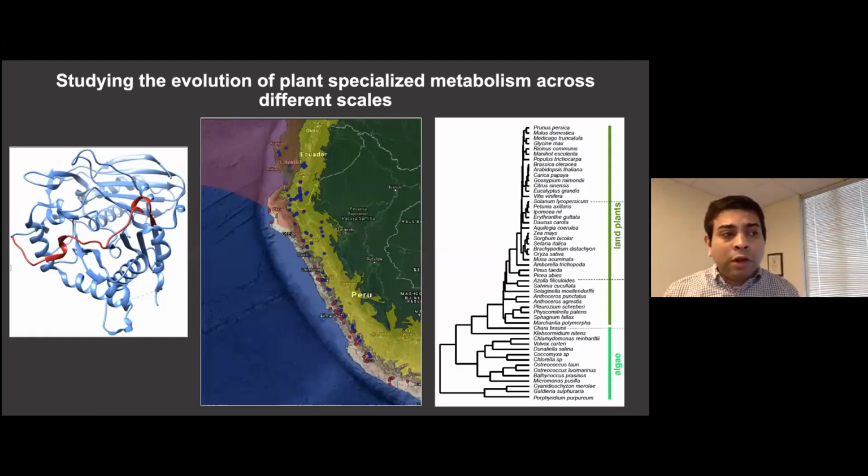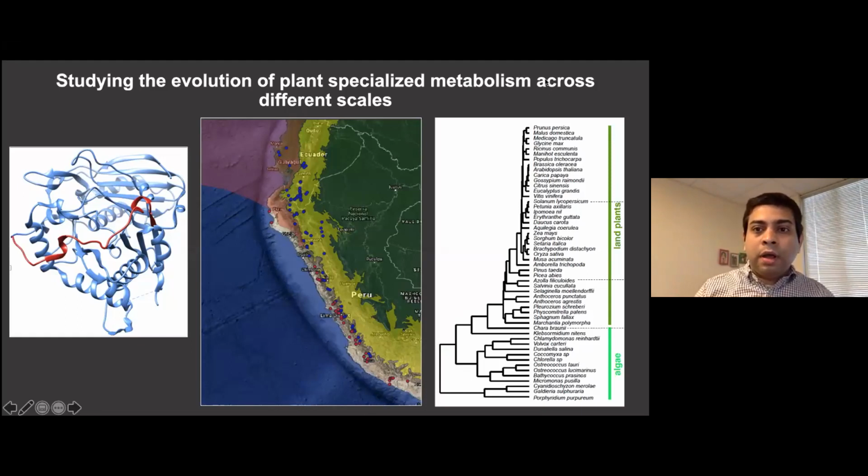So my lab looks at different scales at which metabolic diversity in plants has evolved. We look at molecular scales, looking at evolution of proteins, as well as at ecological scales and evolutionary scales.